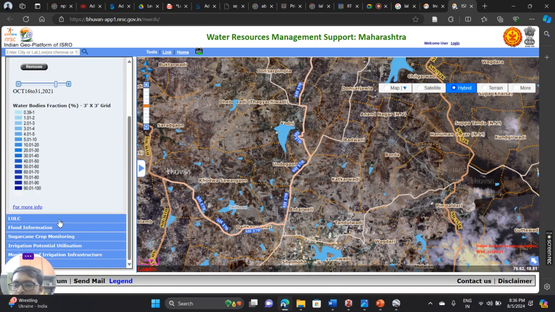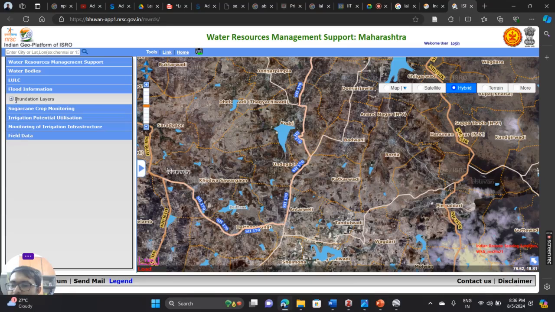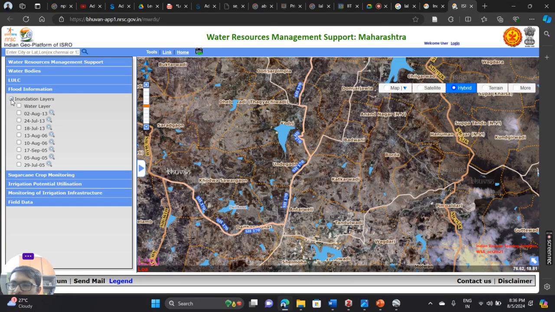Apart from it, here you have the LULC, which means land use, land classification. Then you have the flood information. Any flood which happened in Maharashtra, you can visualize, and see how much area it affected.